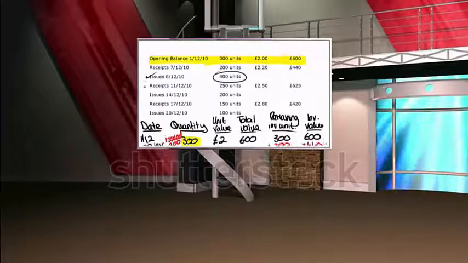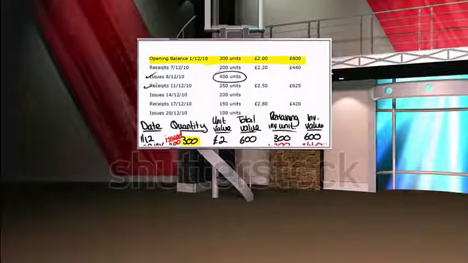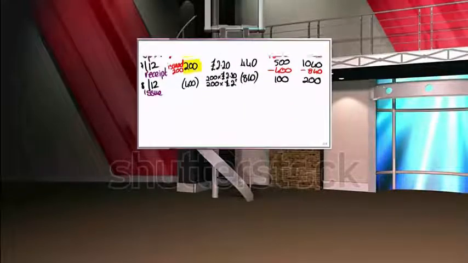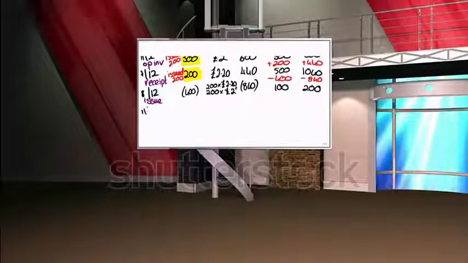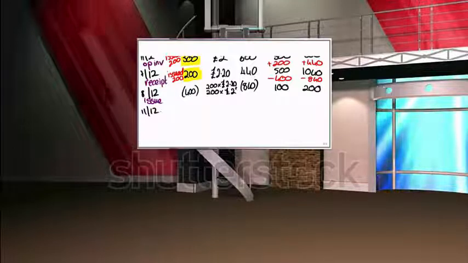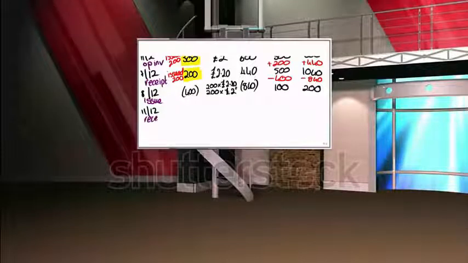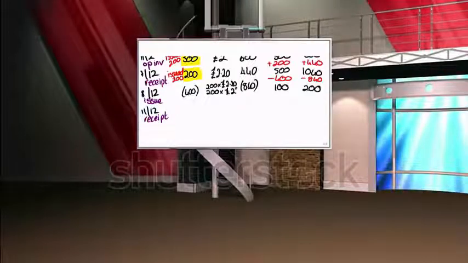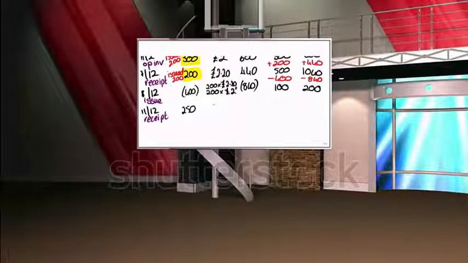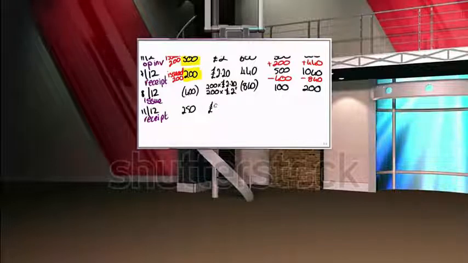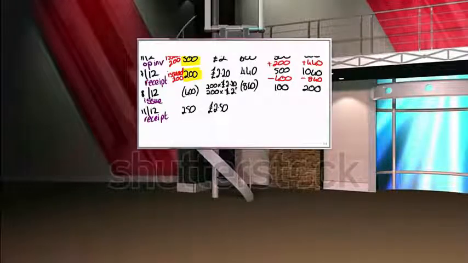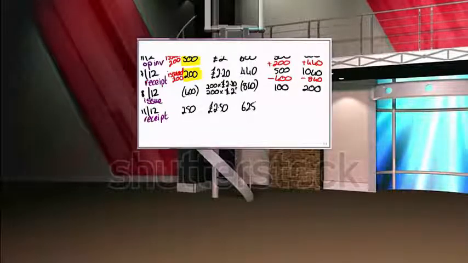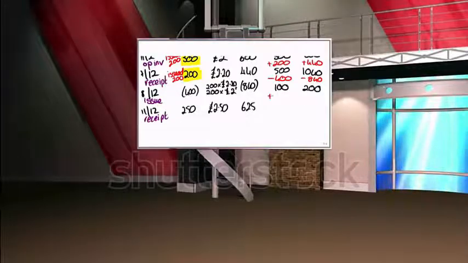On the 11th of the 12th, we have our receipt of 250 units. So we'll add that in. The 11th of the 12th, receipt of 250 units with a unit value of 2.50, total value 625, so we just need to add that on.